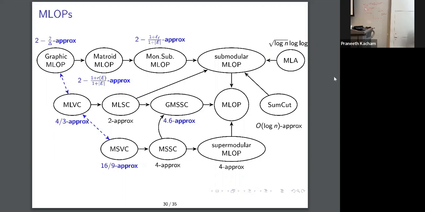Oh, so we negate everything. Yes. So one way to formulate this problem is to see that for a given permutation, each edge is covered at the last time where its endpoint is appearing in the ordering.